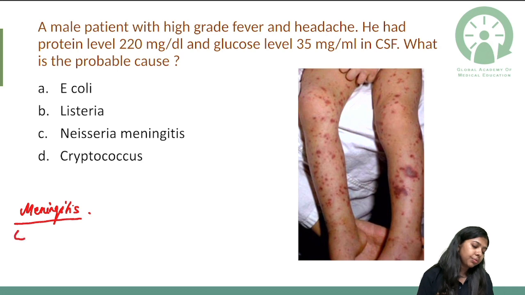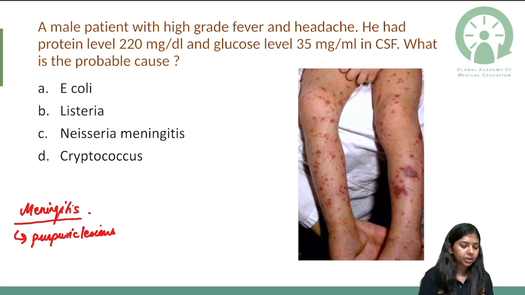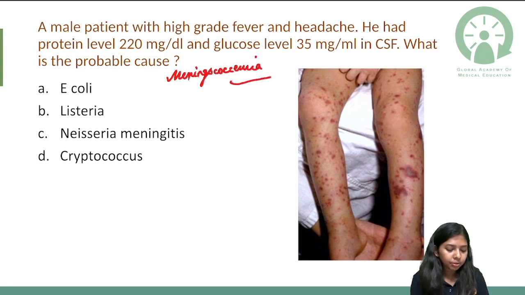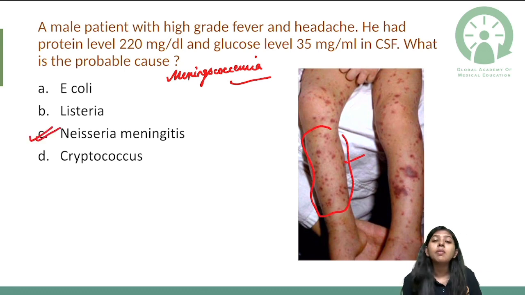And you get purpuric or hemorrhagic lesions on the extremities. So the patient is actually suffering from meningococcemia, and the causative organism is Neisseria meningitidis. Just remember hemorrhagic infarcts, purpuric lesions on the extremities with fever, headache, and classic CSF findings. You're looking at a case of meningococcemia.